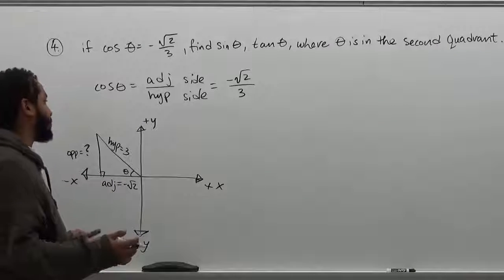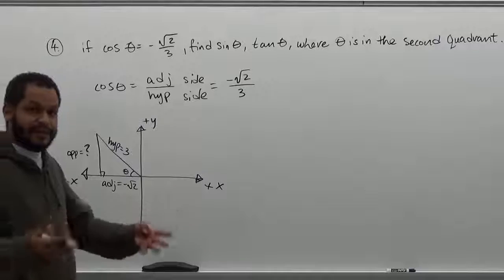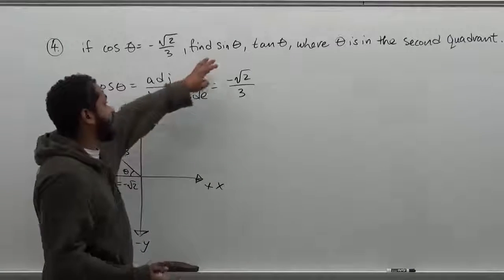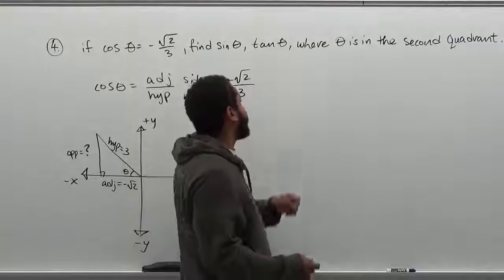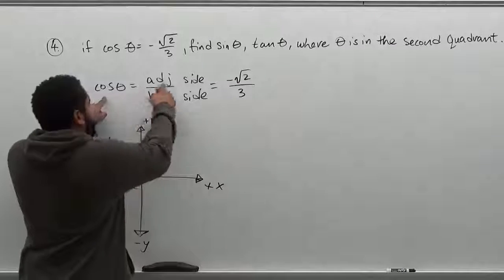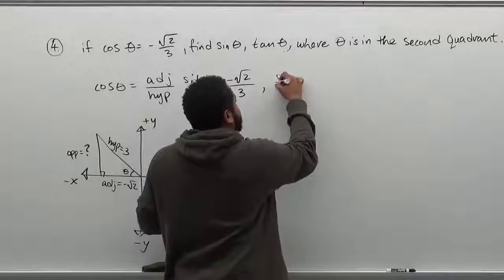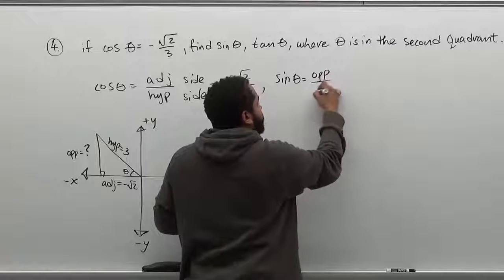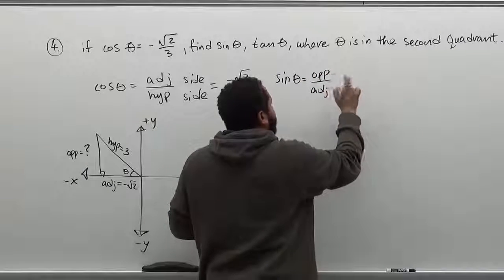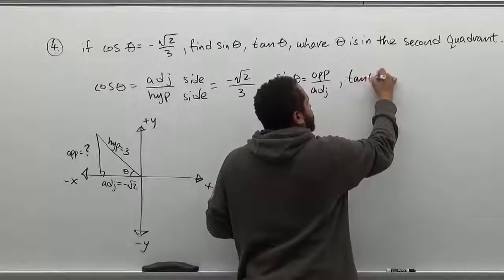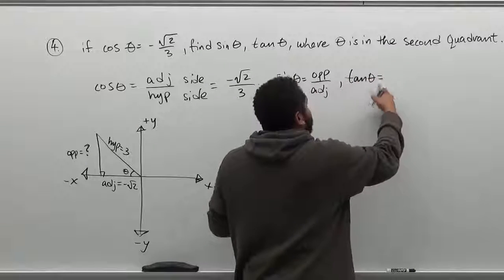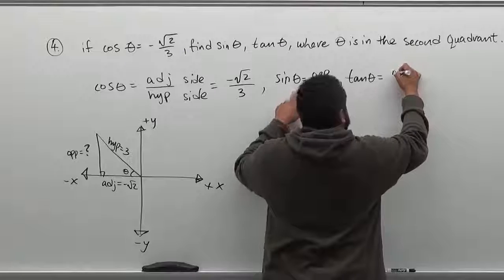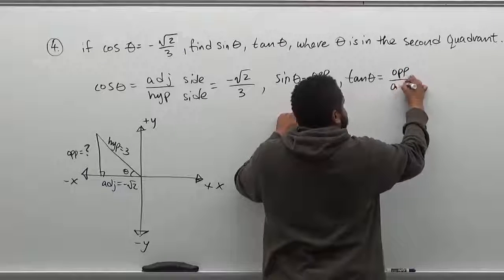Well, we do know a few things about triangles and the Pythagorean theorem, so we're going to use that so we can get the sine and the tangent. Because cosine is adjacent over hypotenuse, we know sine of the angle is the opposite side over the hypotenuse, while the tangent of a right triangle is always the opposite over the adjacent.